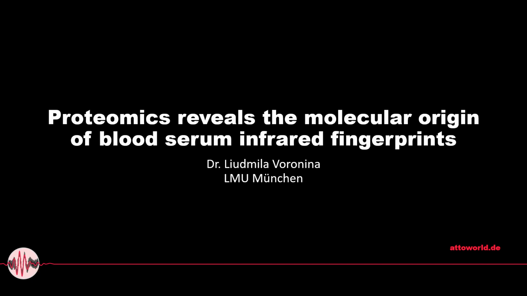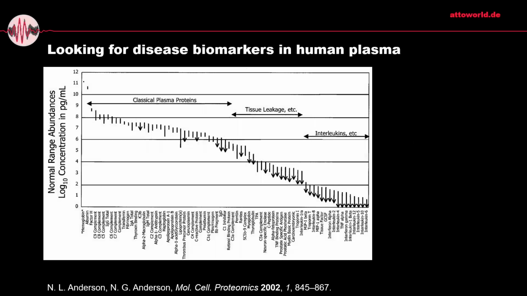Right. So I would like to start with a plot that I think is one of the most shown, if not the very most shown plot that I have seen in all the presentations that I have attended. And the reason for that is that this plot shows very nicely what's the main challenge in studying human plasma. It's the huge dynamic range, right?